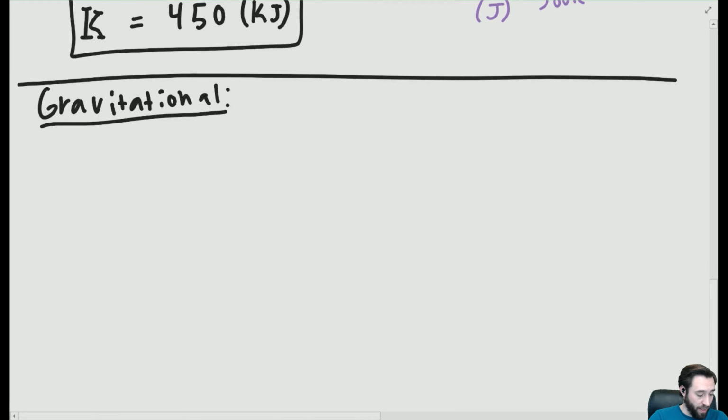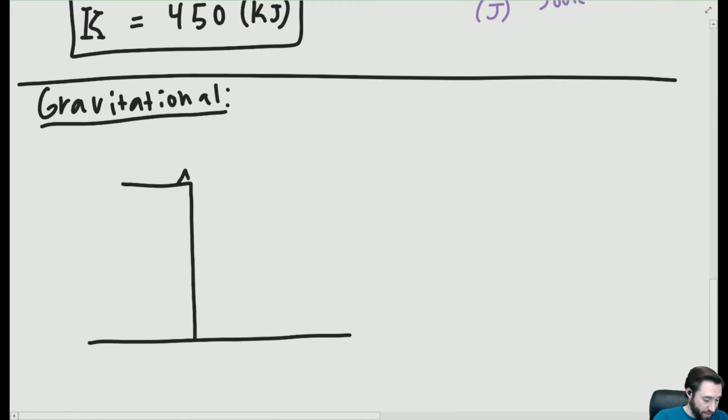Now, the next problem is going to be gravitational potential energy. If I've got somebody standing up on a ledge, and here's the ground, and this person has super long arms, and they have a ball.